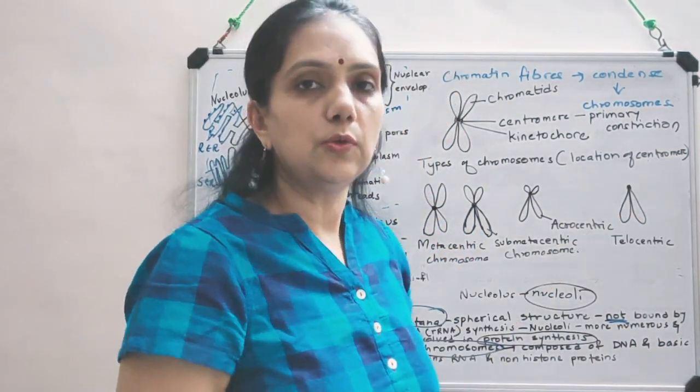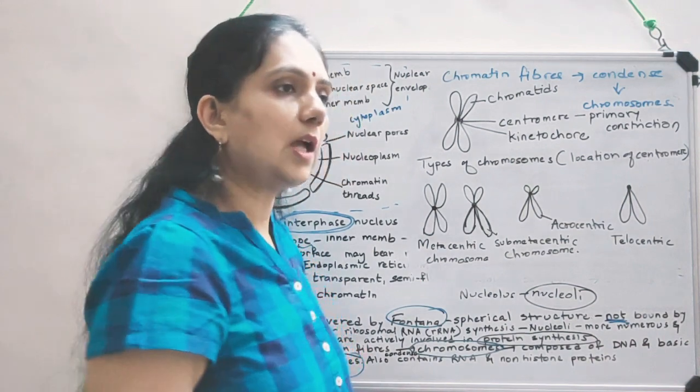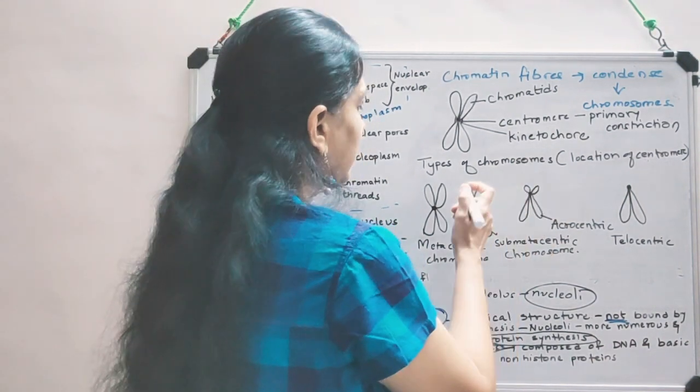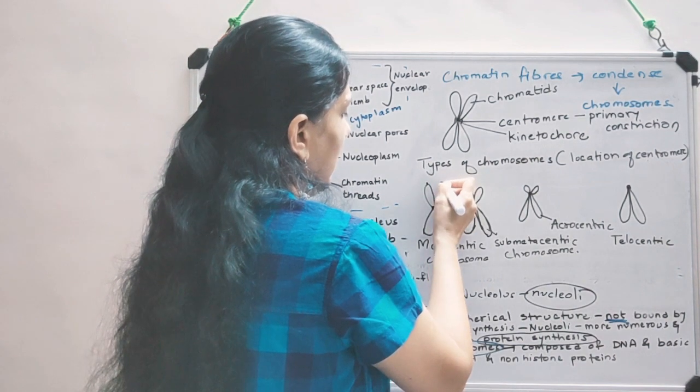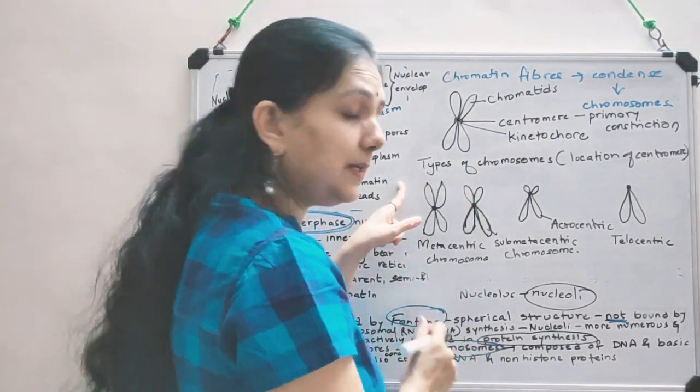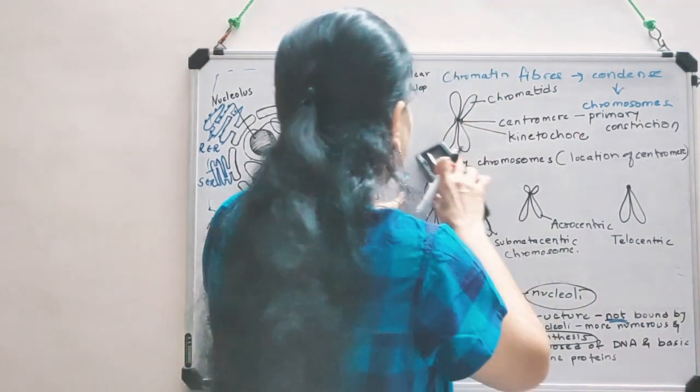This is the telocentric. Now in some chromosomes there can be another constriction other than the primary, like this, and this is called secondary constriction.